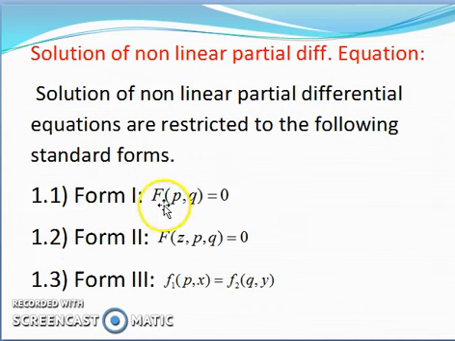In standard form number 1, f of p, q means the variables x, y, z are absent in the equation. Standard form number 2, f of z, p, q equal to 0, means here the two variables x and y are absent. And standard form number 3, function of p, x equal to function of q, y. In this, variable z is absent.